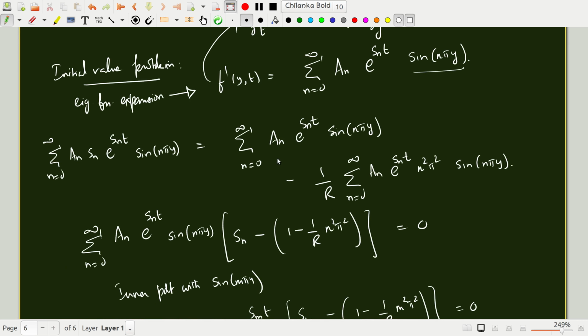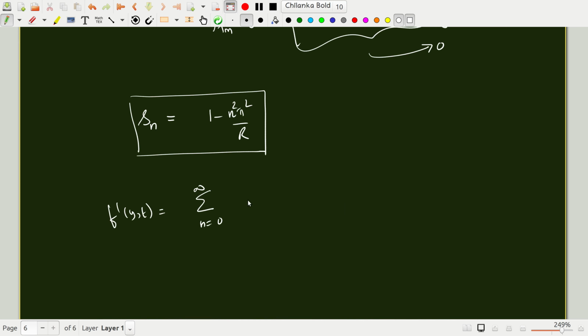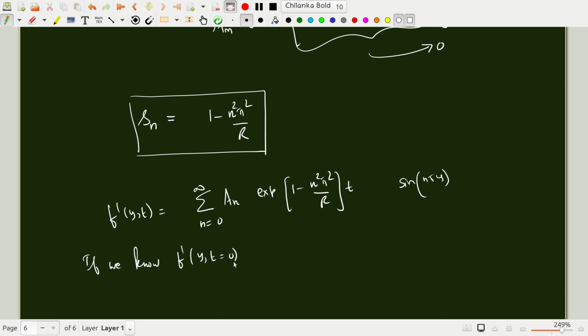You can substitute what s n is, which we have found now, and if you have the initial condition, what f prime of y is at t equal to 0, it is some function of y, let us say g of y, then I can substitute t equal to 0 here, which will give me a n sin n pi y, and you can find what the constants a n are for a given g of y, for a given initial condition.